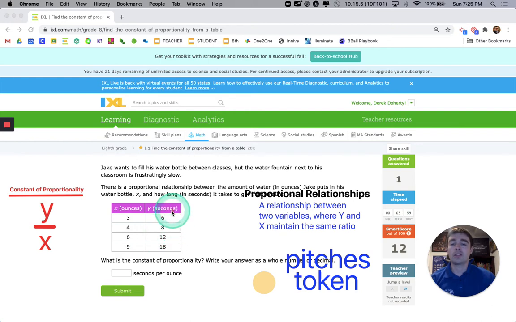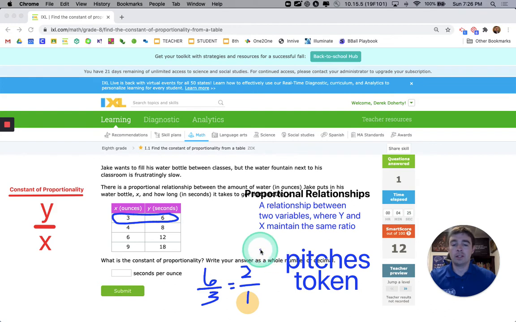So if I were to take the first example, we'll go ahead and switch to a blue color here. If I look at this first row, in 3 ounces of water, it took him 6 seconds. So if he pours for 6 seconds, y over x, remember we always do y compared to x, then we simplify to be 2 over 1. 6 divided by 3, or 6 seconds for every 3 ounces, is the same thing as ultimately 2 seconds for every 1 ounce.